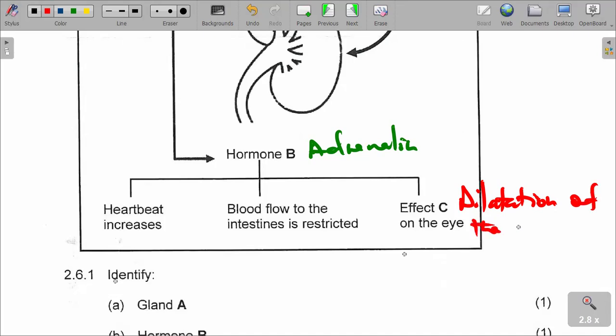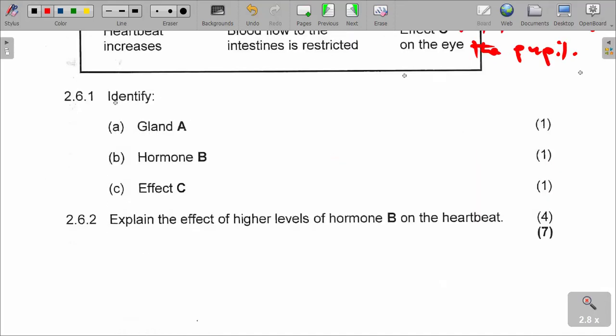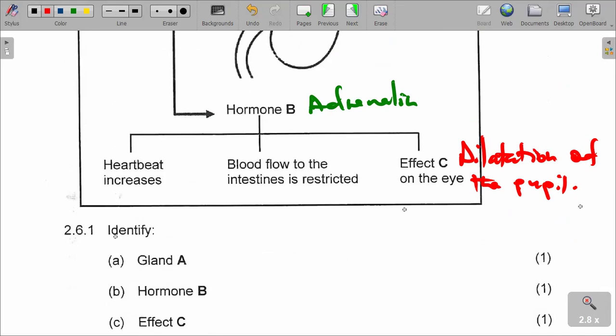When a person is frightened, when a person is under emergency, the pupil dilates. It actually opens wide for light to enter in order for the person to be able to see properly. So we are saying it is dilatation of the pupil.